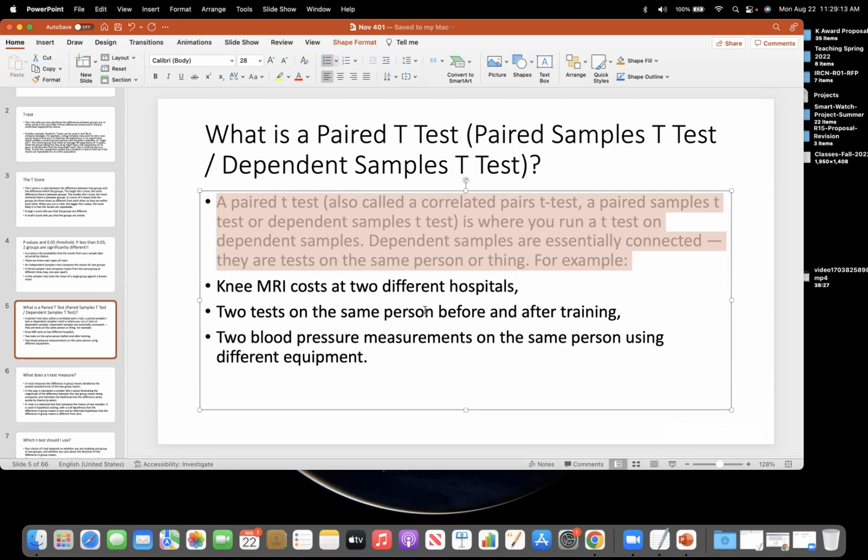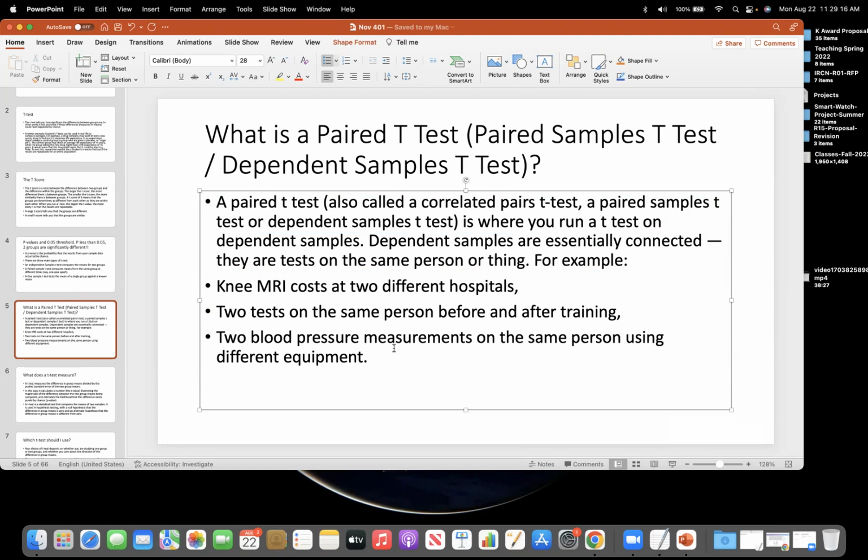So an example of a paired t-test would be, if I just want to measure blood pressure on the same person using different blood pressure measuring equipment, right? The word same is a very important keyword in a paired t-test, right?